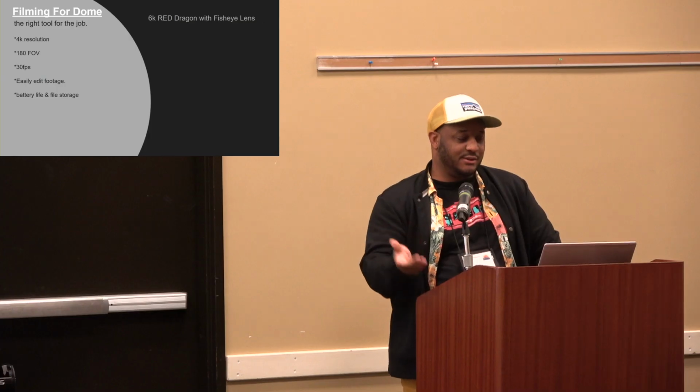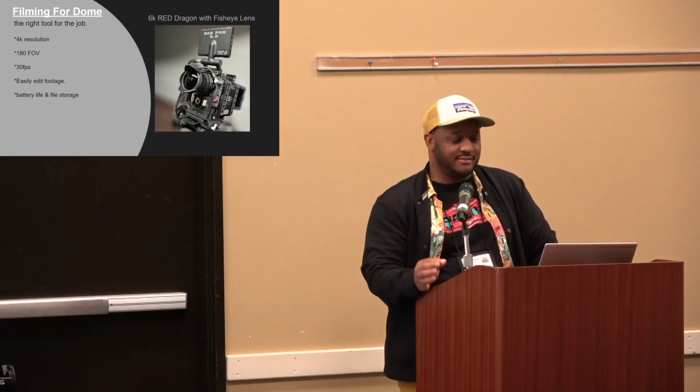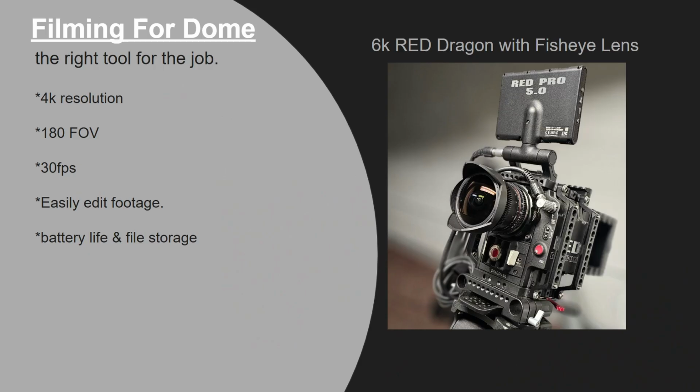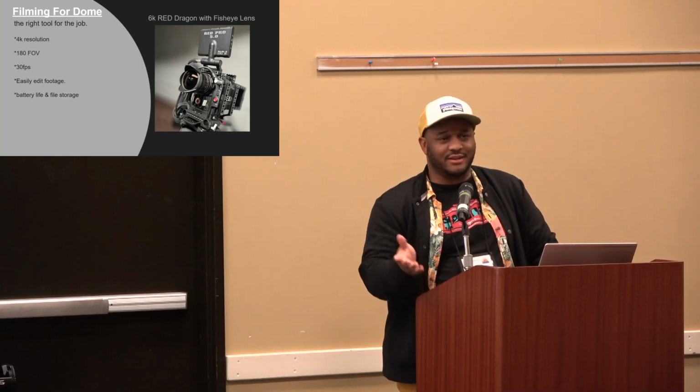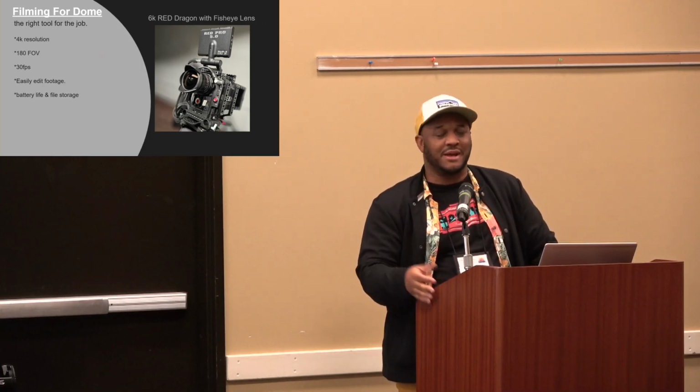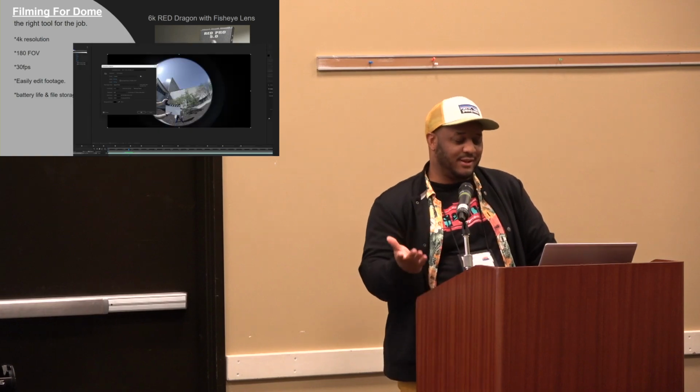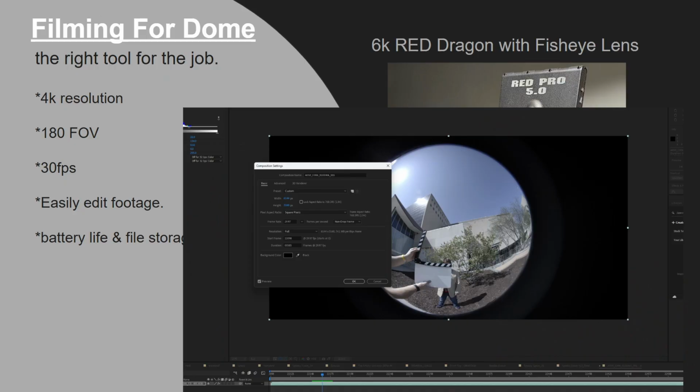In the past, we used a Red Dragon 6K camera with a fisheye lens on it. This camera is really cinematic, and it can do some really nice things. But for our purposes, it wasn't that great because with the 6K resolution, we only got like a third of that with the fisheye lens on it, as you can see here.